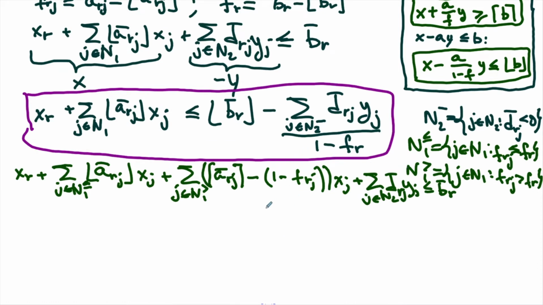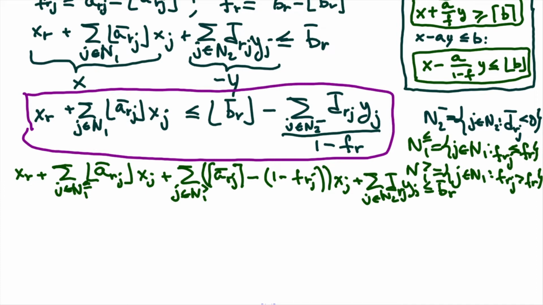And what's particularly important about this representation is that the coefficient for xj, this part is negative. Okay, so we are going to split this coefficient into two parts. The integer part will go towards this sum, and then the fractional part is going to go towards the continuous variables. Okay, so this is how we are going to apply this formula right here for our case.